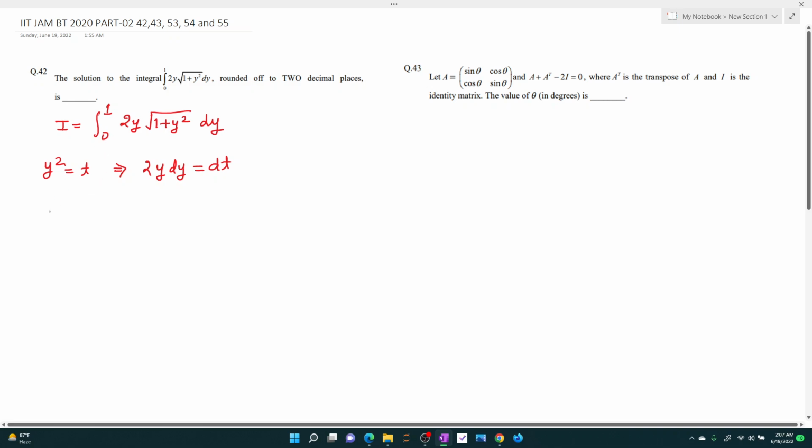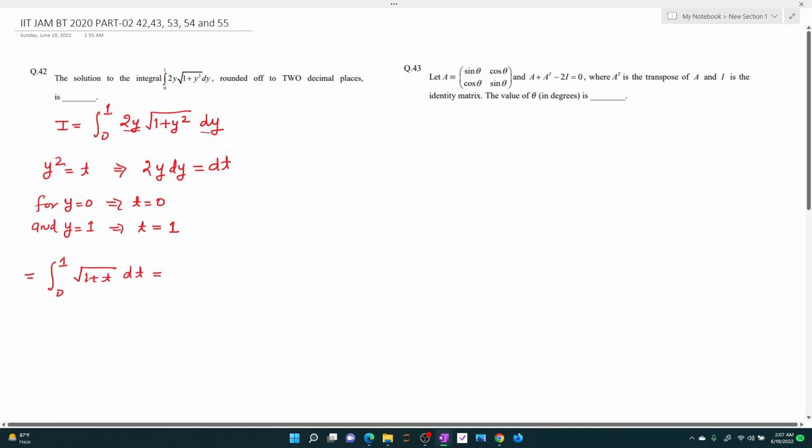For the limits, for y equals 0, t is also 0, and for y equals 1, the value of t is 1 squared, which is nothing but 1. So this integral can be rewritten as the integration from 0 to 1, where 2y dy becomes dt, and we have the square root of 1 plus t, dt.